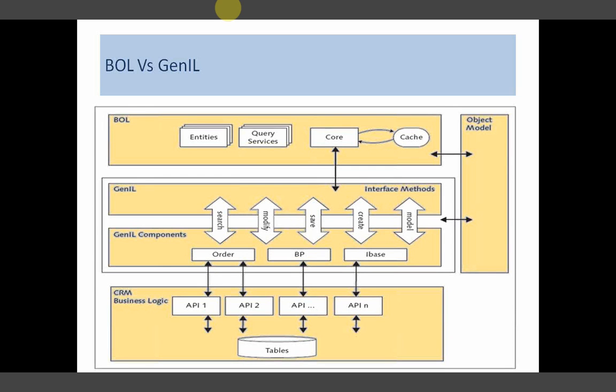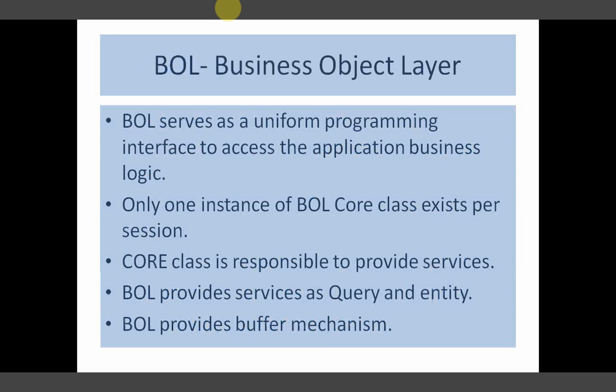Okay, next one. Only one instance of the BOL core class exists per session. That means for a user, whatever request he makes, there would be only one instance of BOL. Then the core class is responsible for providing services.